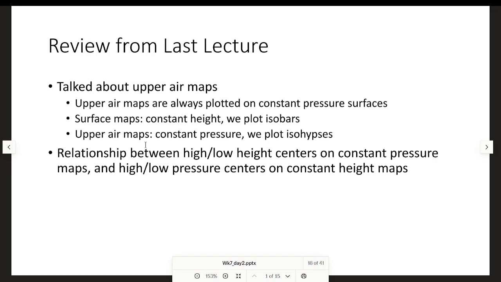But in the upper air maps, we have a constant pressure and we plot the isohypses, so we are plotting lines of constant height. And there's a direct relationship between high and low height centers and high and low pressures on constant height maps.